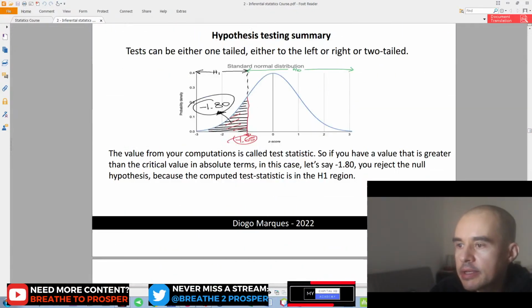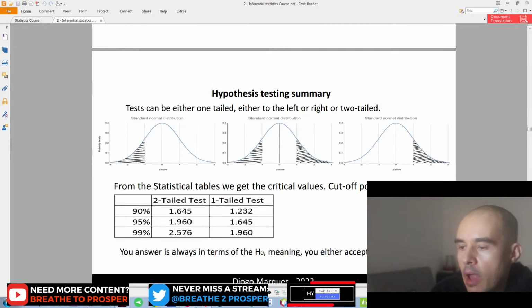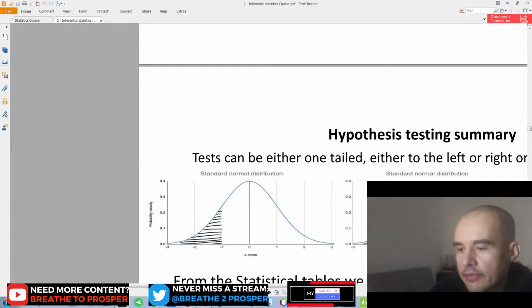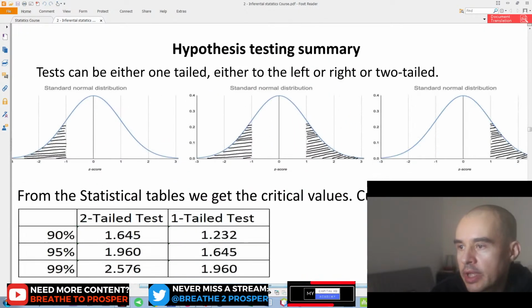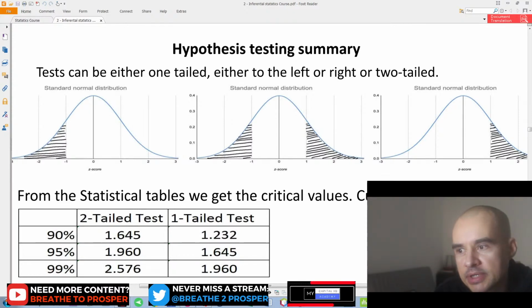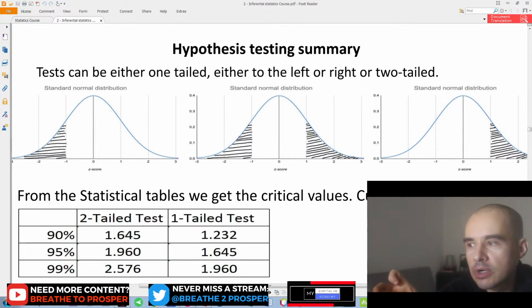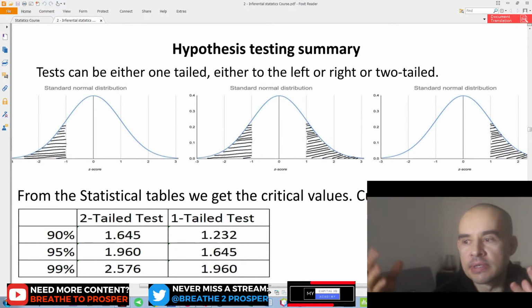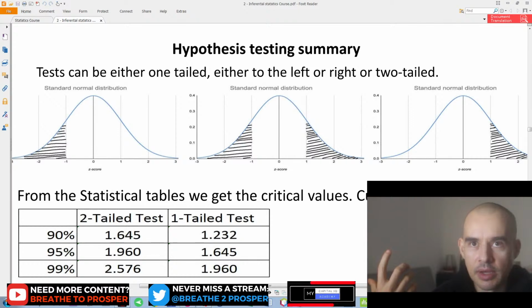So let's say in a simple example, let's look at this table. Notice here that we have this situation. We have a hypothesis test that we are doing, and we are saying that with 95% confidence, the true population parameter, meaning 80%, is within our null hypothesis, so this white region. And the grayed out regions are the alternative hypothesis, meaning that the true population parameter is not there.